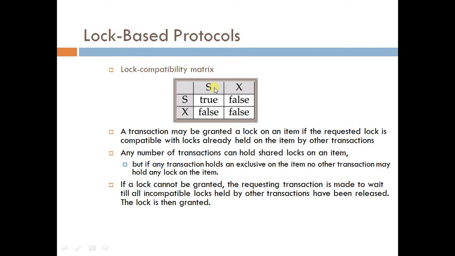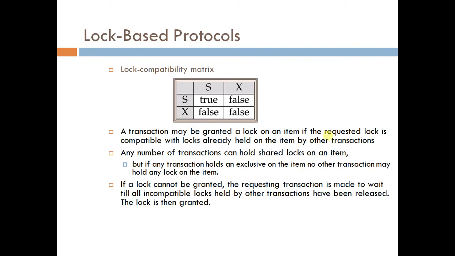However, if the item has a shared lock and another transaction demands exclusive, it will not be allowed. Similarly, if the data item is exclusively locked, and any other transaction demands shared, it will not be given. And if the data item is exclusively locked and any other transaction demands exclusive, it will not be given. So this is called the compatibility matrix.